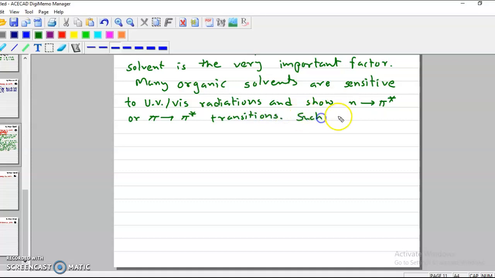Such solvents may interfere in the UV visible spectra of a compound.